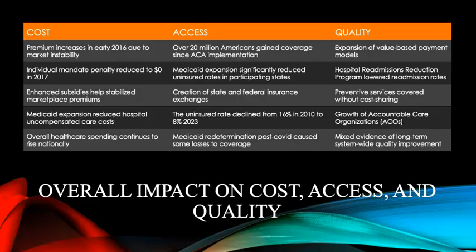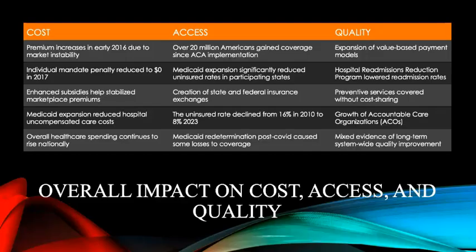Overall impact on cost, access, and quality. Overall, the Affordable Care Act has had mixed effects on cost, access, and quality. Access improved substantially, with over 20 million Americans gaining coverage and uninsured rates declining nationwide.